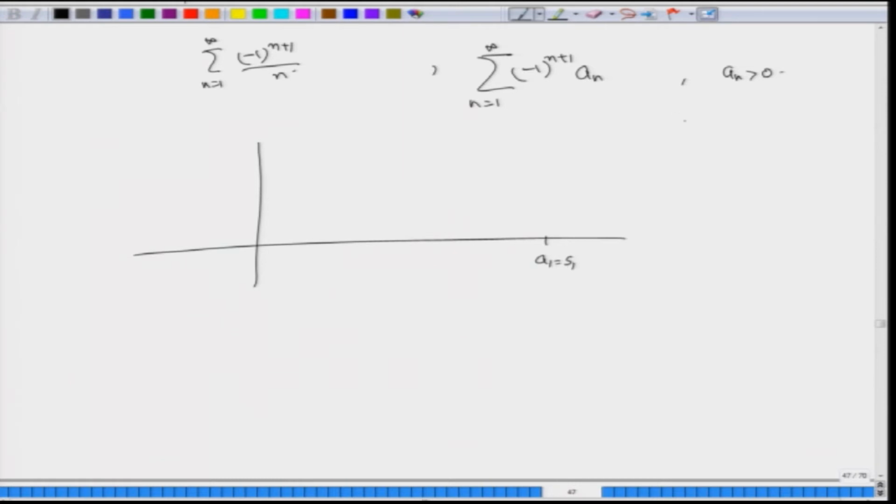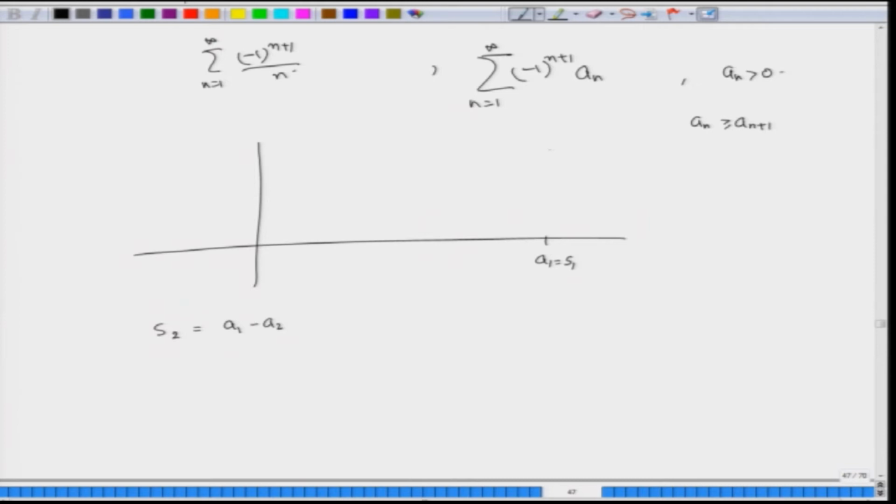Now, in addition, if I assume that a_n is greater than or equal to a_(n+1), that is, a decreasing sequence, then S_2 is going to be a_1 minus a_2. a_2 is a smaller number than a_1, because we are assuming that the a_n's are decreasing.